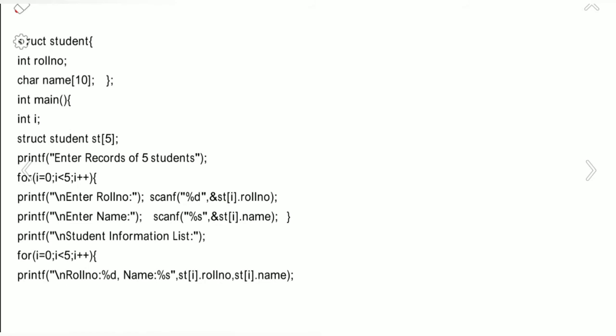So st of 1 means it will print the details of the second student, roll number and name, and st of 2 means it will print the details of the third student. Like this, it will take the input from the scanf and print the output in the printf function, and then return 0.